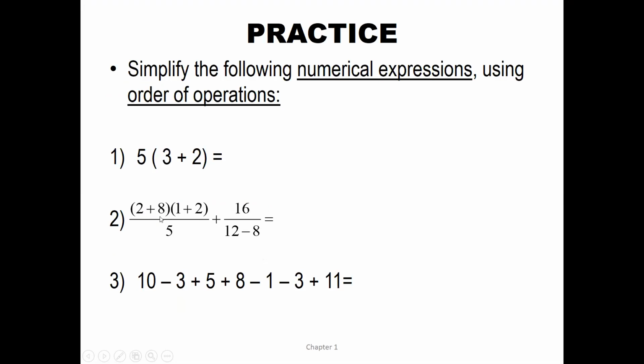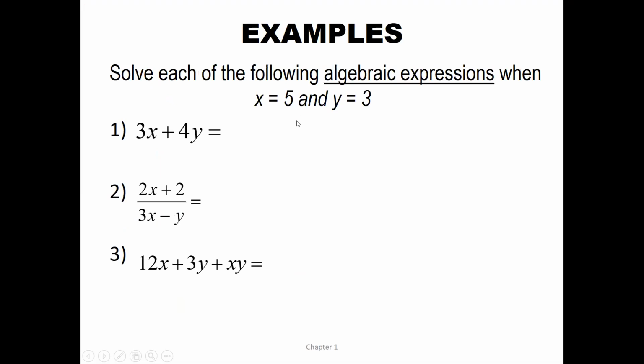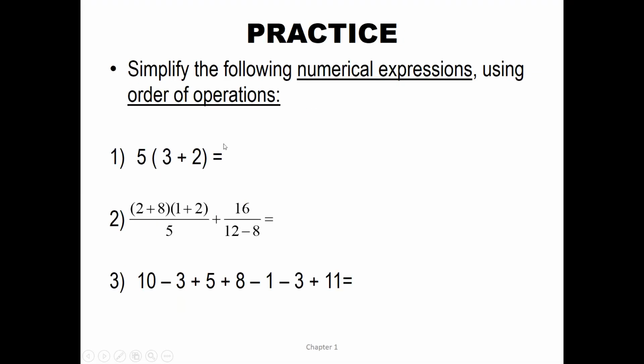We've got 10 times 2 divided by 5, 16 divided by, and remember, this is an implied set of parentheses. So this now becomes 4. So now we have 10 times 2 is 20, plus 16 divided by 4. This is divided by 5. So we have 4 plus 4 is 8.